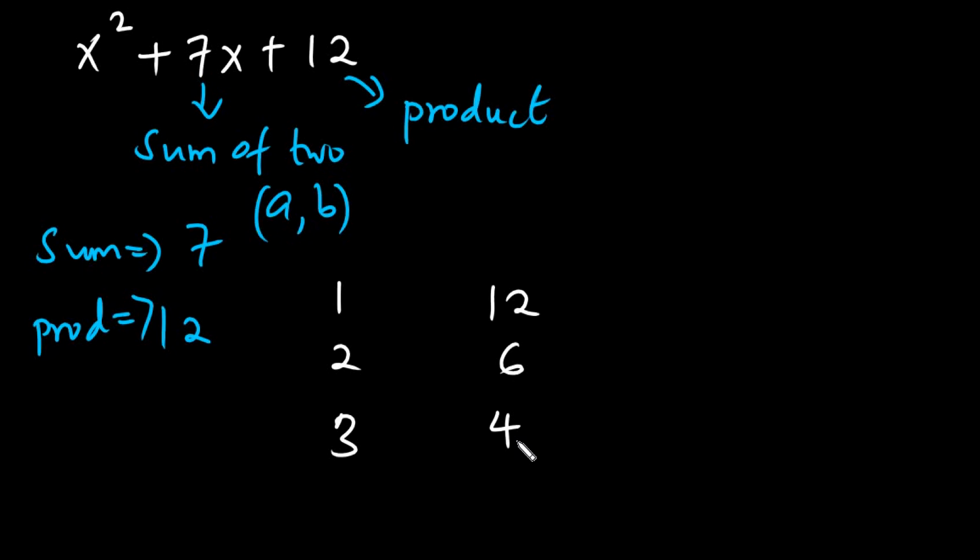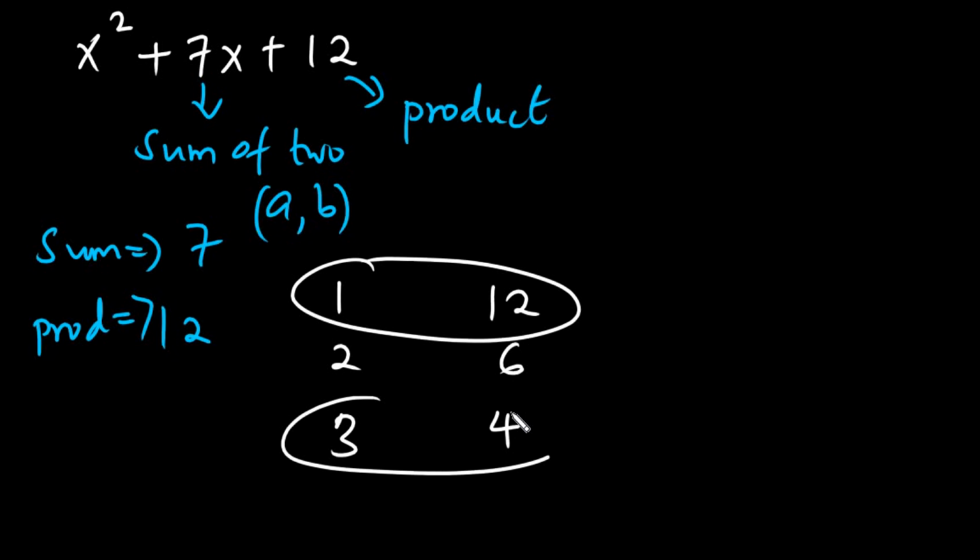Okay. So let's start with 1 and 12. When you add 1 and 12, do you get 7? You don't. 2 and 6, you also don't get 7. So we have 3 and 4. So 3 plus 4 is 7, and 3 times 4 is 12. So these are the two numbers that we are interested in. That is 3 and 4.